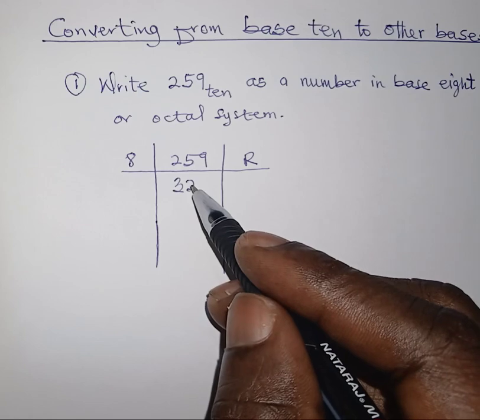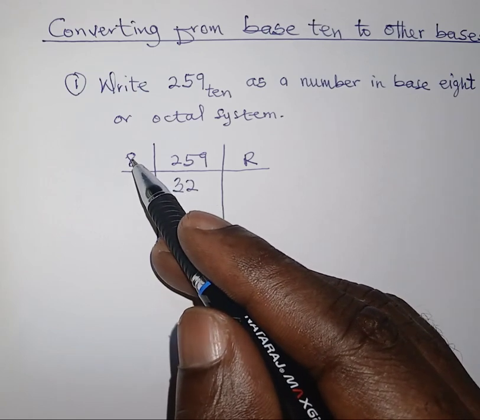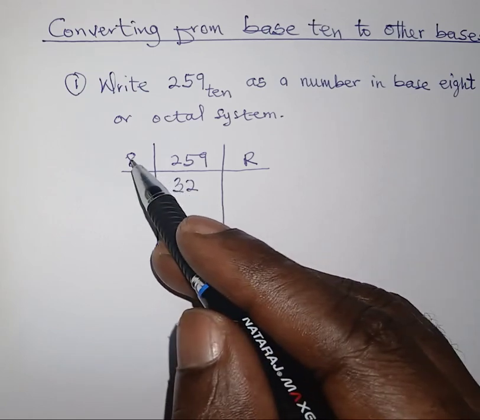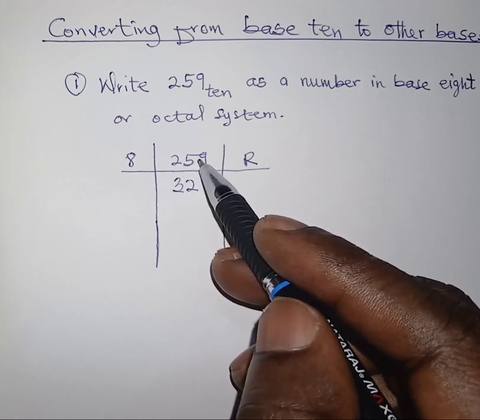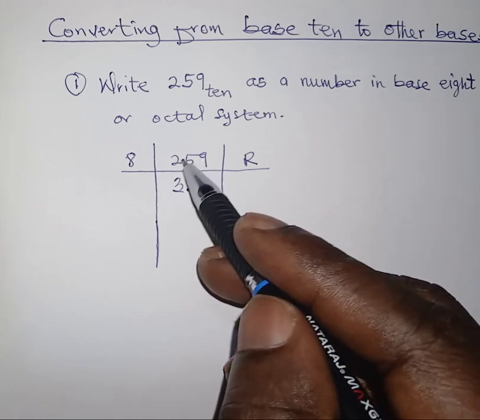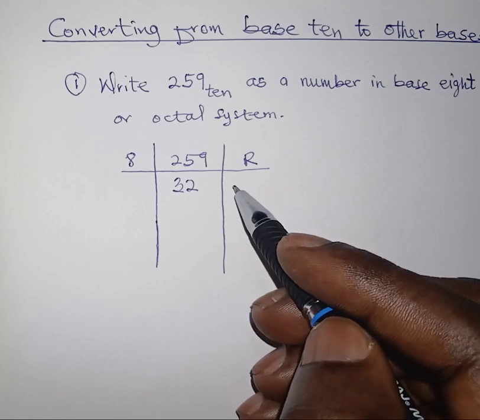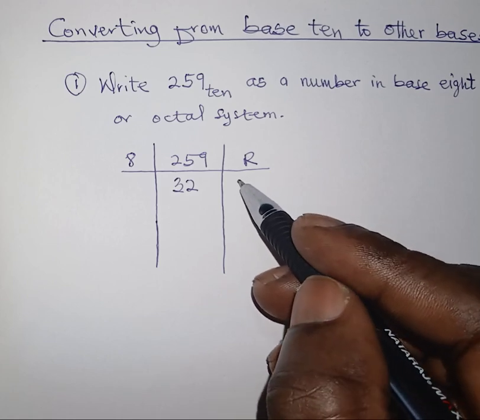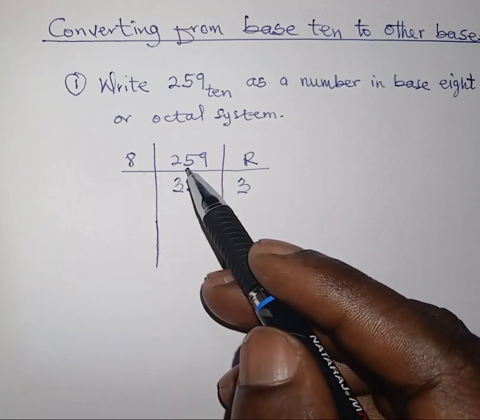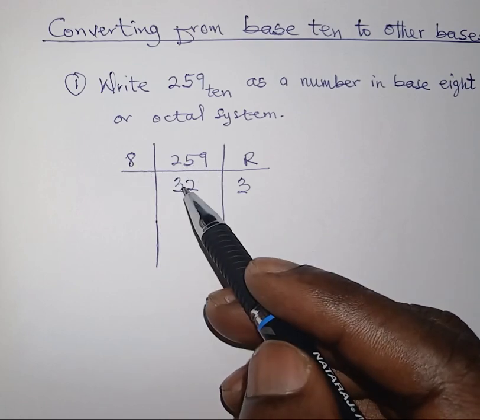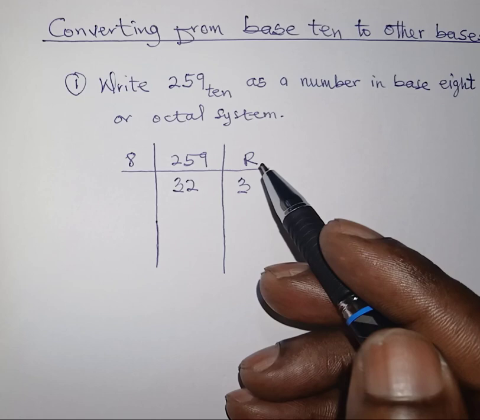It means 8 multiplied by 32 gives a certain value, and then we write our remainder. What will be the remainder? The remainder will be 3. So 8 divides 259, 32 times, remainder 3.